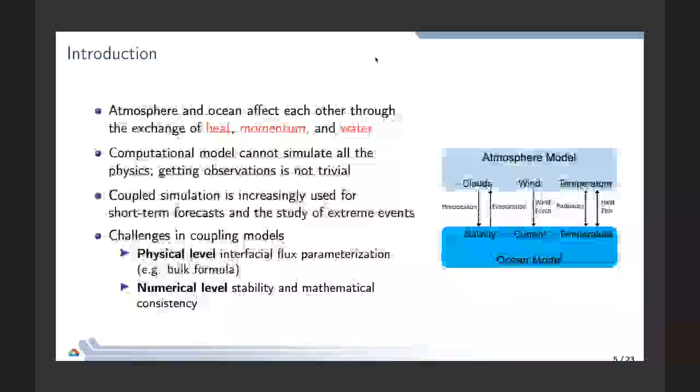However, there are two main challenges in coupling models. The first challenge comes from the physical level. At the interface, we need interfacial flux parameterization. Another challenge comes from the numerical level, which involves stability and mathematical consistency.